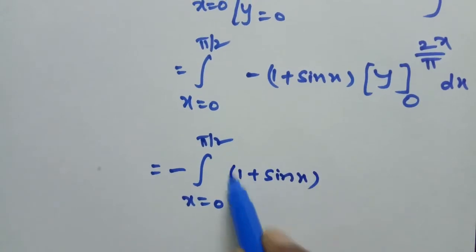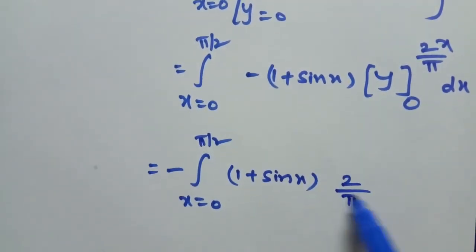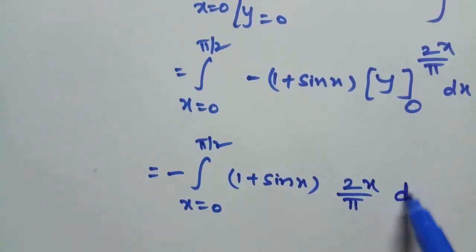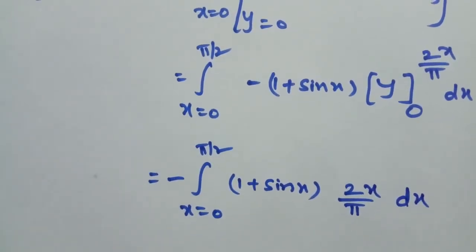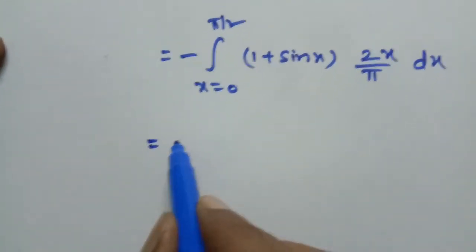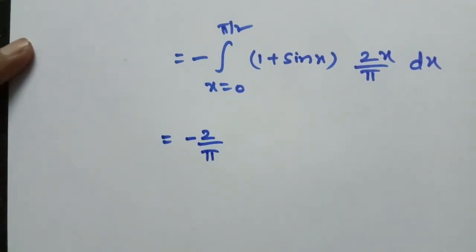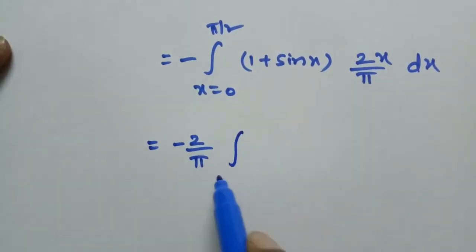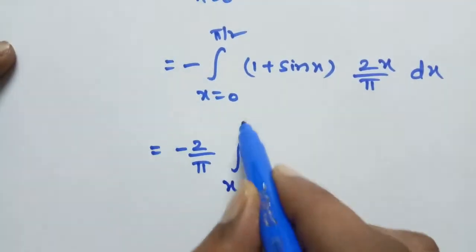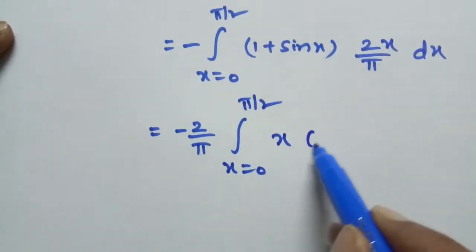We are writing minus outside of the integration, and upper limit 2 by pi into x minus lower limit 0, into dx. That is equal to minus 2 by pi, which we are writing outside of the integration, x equal to 0 to pi by 2, x into 1 plus sin x.